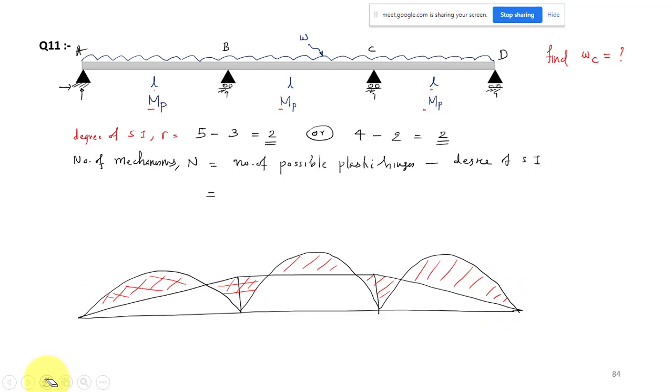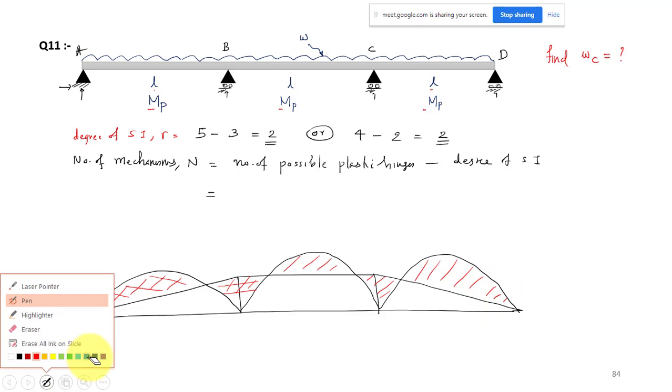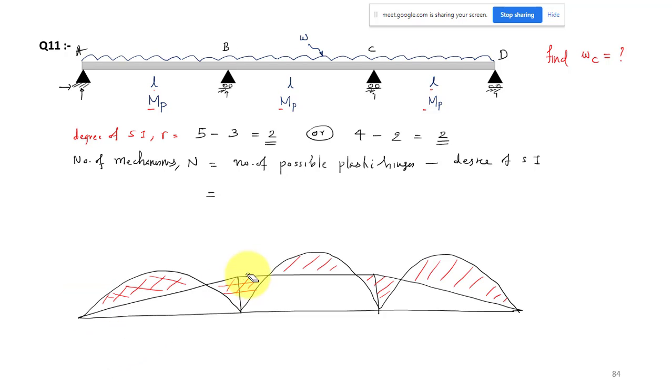So that means you can expect the peak moment locations. At the support we have a hogging moment, and at this one also a peak hogging moment. At the two internal supports, you can refer to slide number 47 or 59, the possible plastic hinge is a possible location because here we have negative hogging moment that may reach the plastic moment.